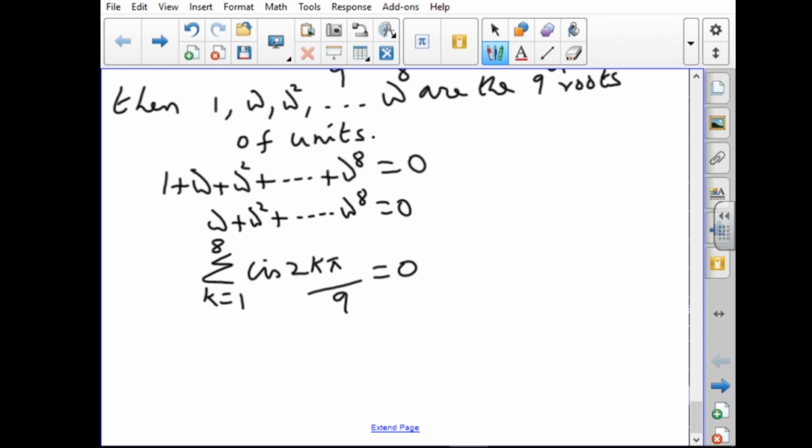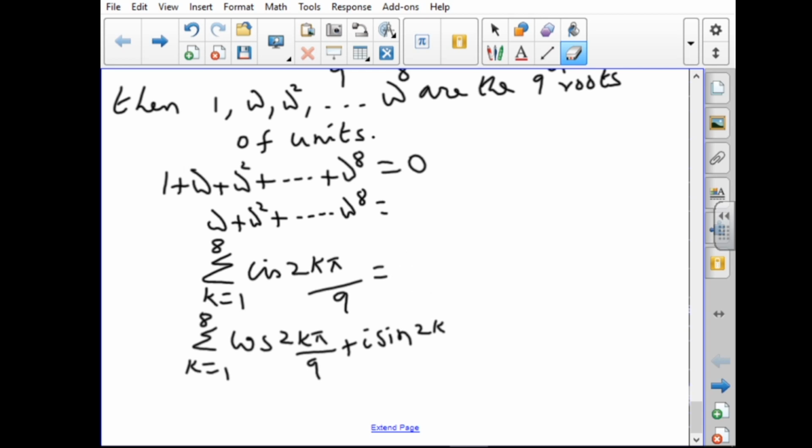So we have got the result as sigma k is equal to 1 to 8 of cos 2k pi by 9 plus i sin 2k pi by 9 is equal to minus 1.